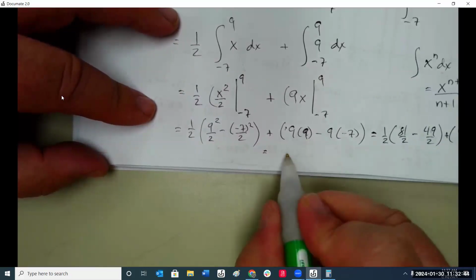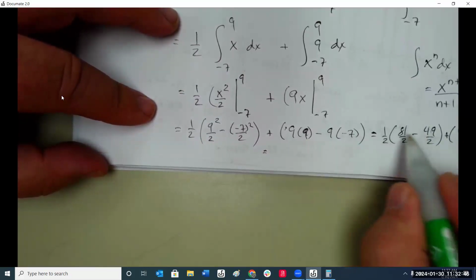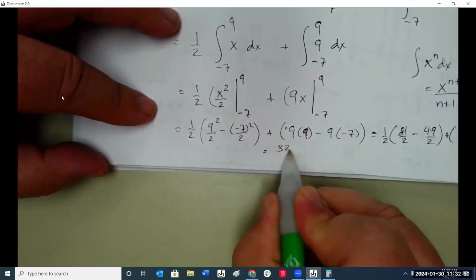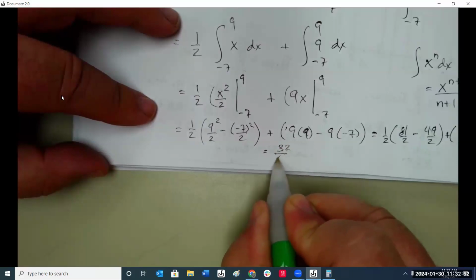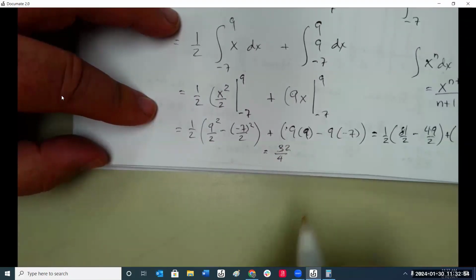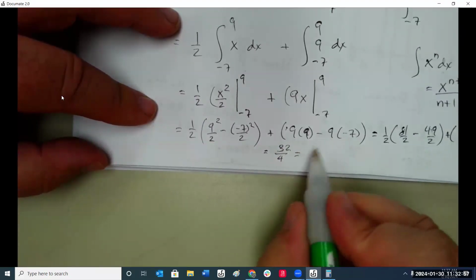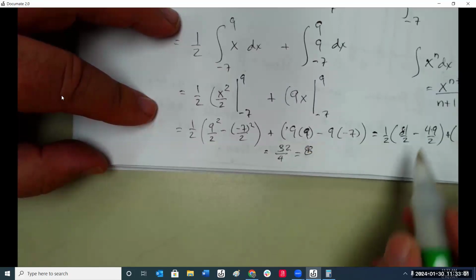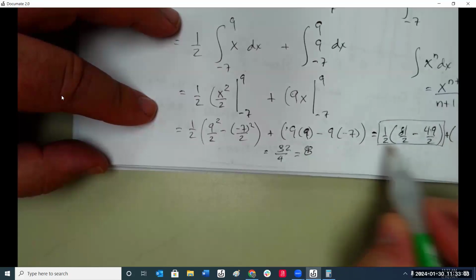So the denominator is going to be 4. So it's 81 over 4. So 81 minus 49 is 32 over 4, which is 8. So all this right here equals 8.